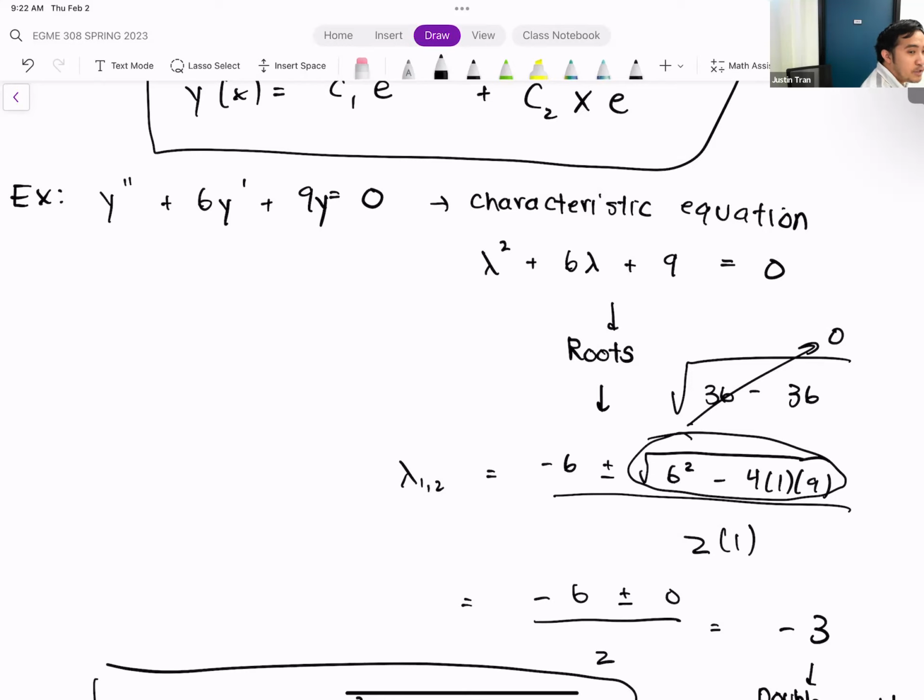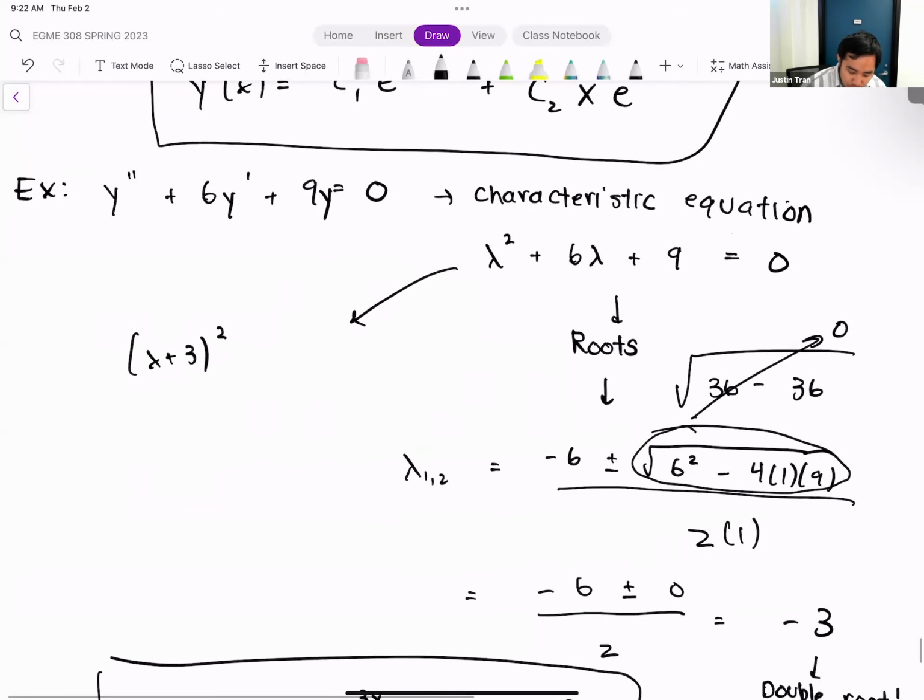If you factor by inspection, you get lambda plus 3 squared, right? And so the root here would be minus 3, because the thing that would make this 0 would be lambda equal to minus 3.